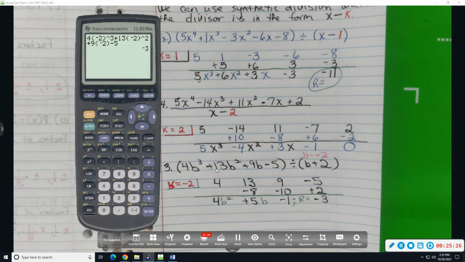That would have taken quite a bit of time. But notice with synthetic division, there's no exponentiation. All you do is multiply, add, and subtract. And that number down there is the value of the expression. So the remainder theorem was important years and years ago when there wasn't an easy way to perform this large exponentiation.